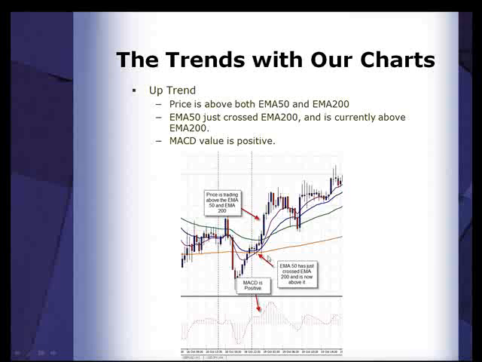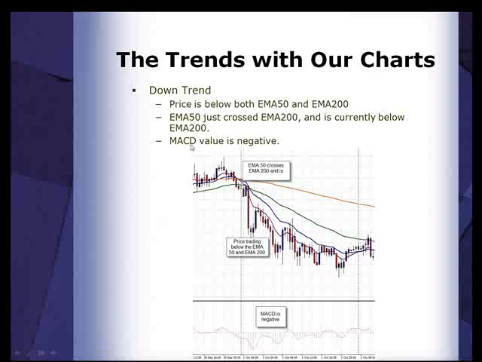So looking at it on this chart here, right here, the EMA 50 has crossed over the EMA 200 and is currently trading above it. The MACD is positive, and the price is trading above both the EMA 50 and the EMA 200. So this is our criteria. We are in an uptrend, and at that point we would start looking for entry points.